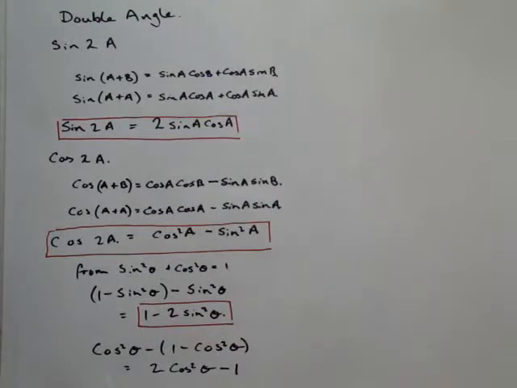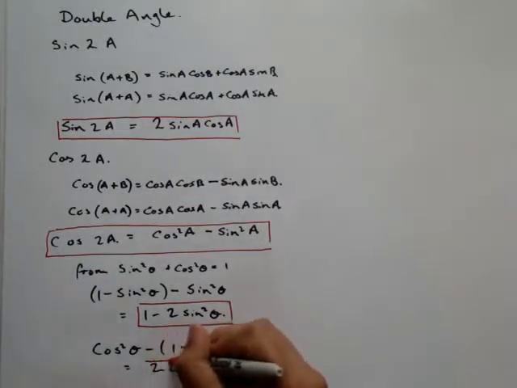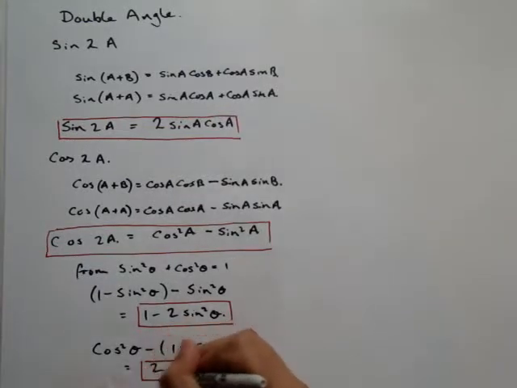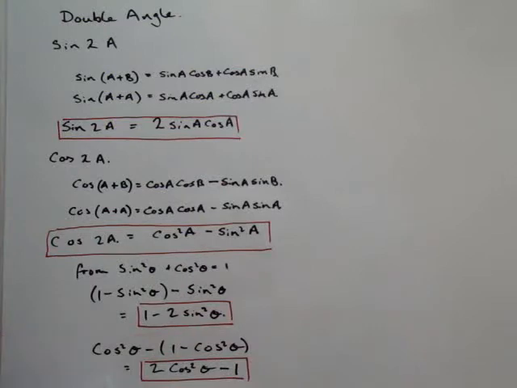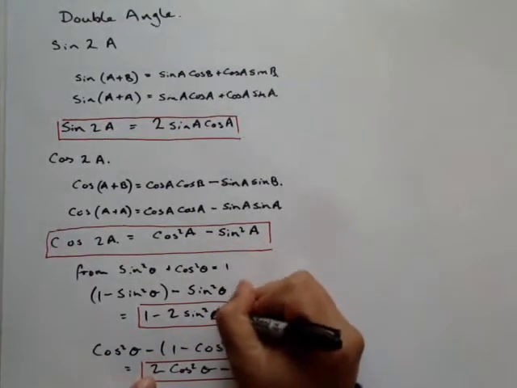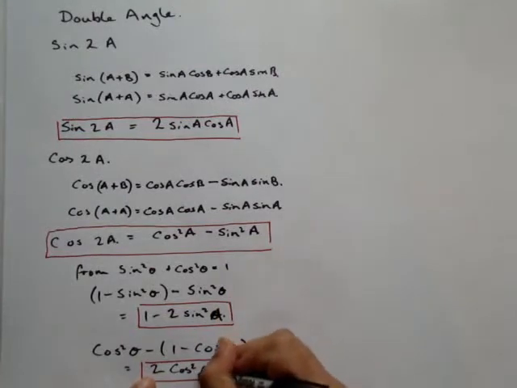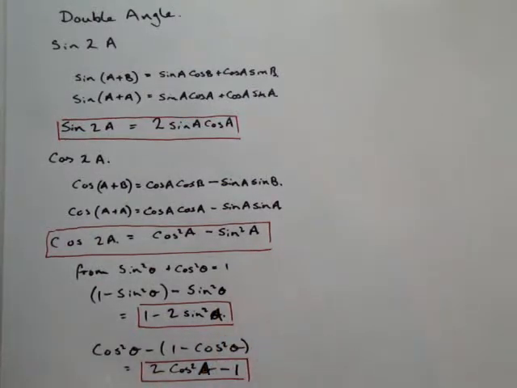The theta can be replaced with alpha or A. So that's 1 minus 2 sine squared A, and 2 cos squared A minus 1.